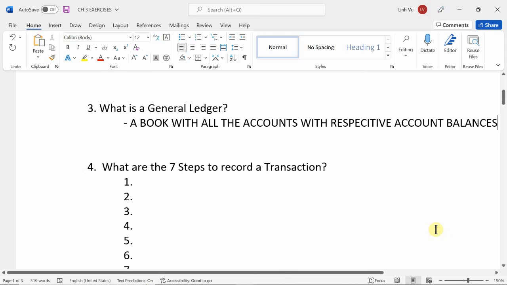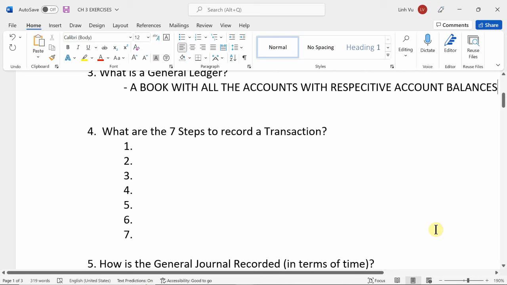Number 4, what are the 7 steps of transaction analysis? You don't need to be specific, but at least get the general idea. What's the first step? Recognize that a transaction has been made. Good.